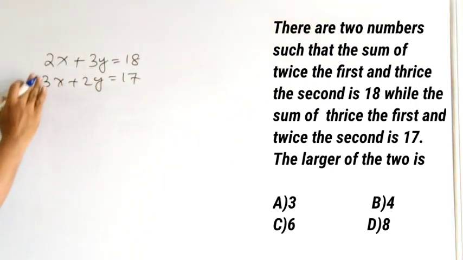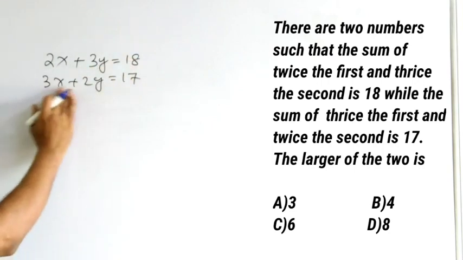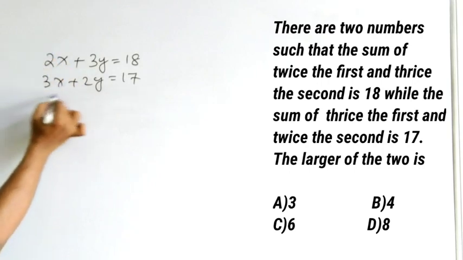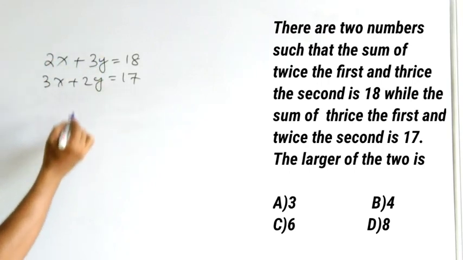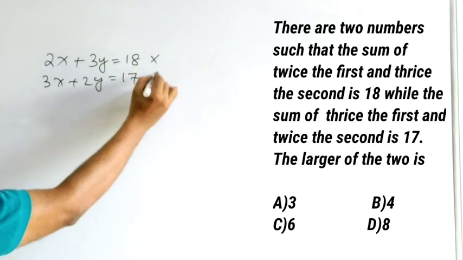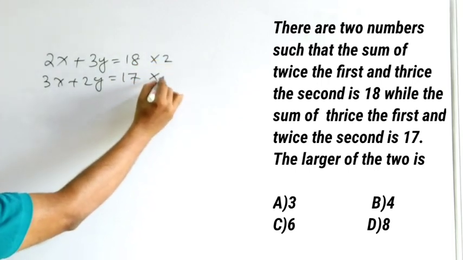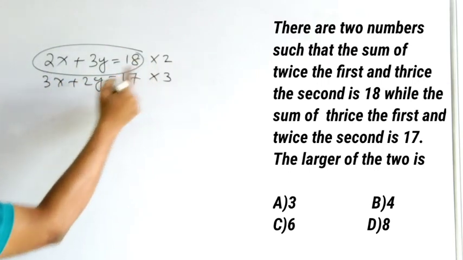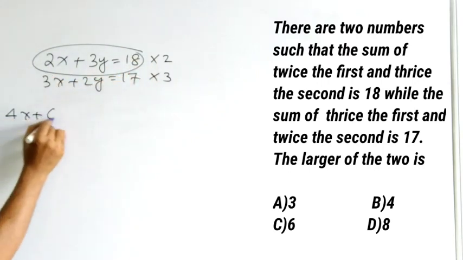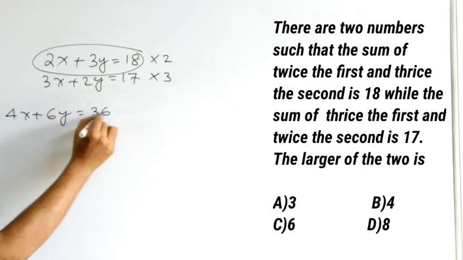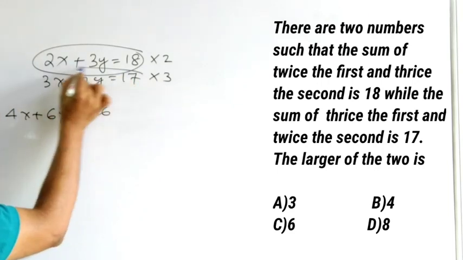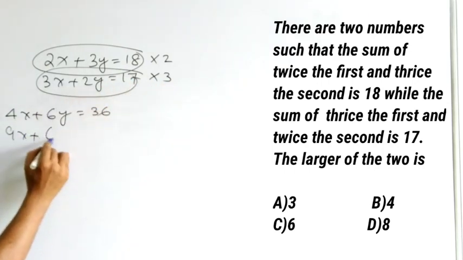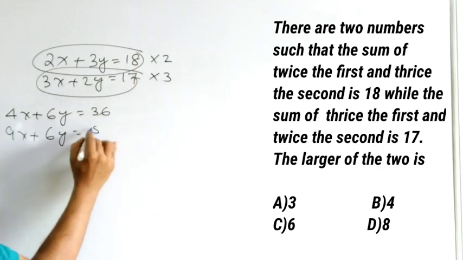From 2x + 3y = 18 and 3x + 2y = 17, I just want to make the coefficient of either x or y equal. So for that, let me multiply the first by 2 and the second by 3. Multiplying the first equation by 2, I get 4x + 6y = 36. Multiplying the second by 3, I get 9x + 6y = 51.